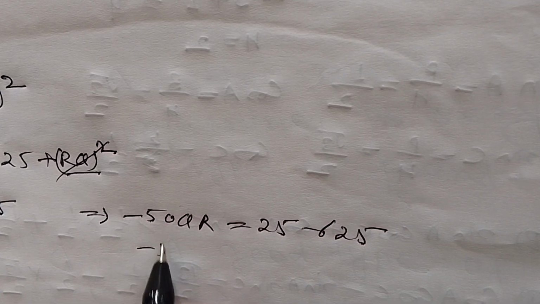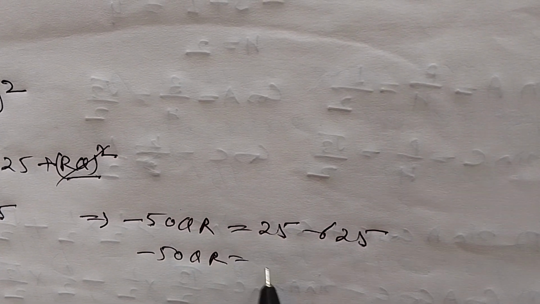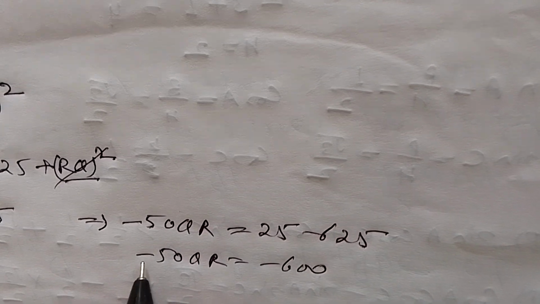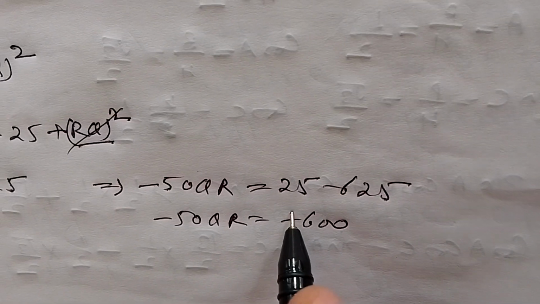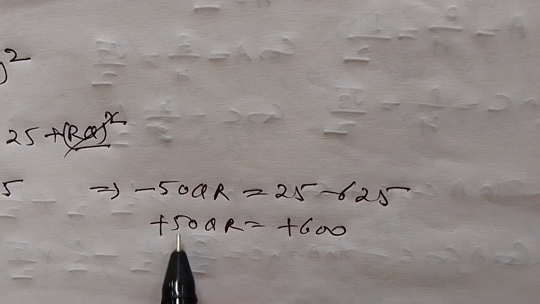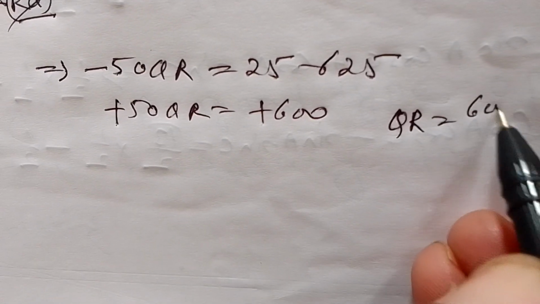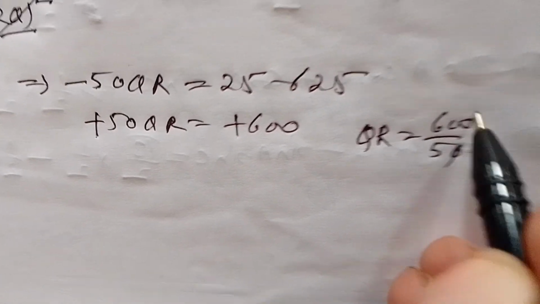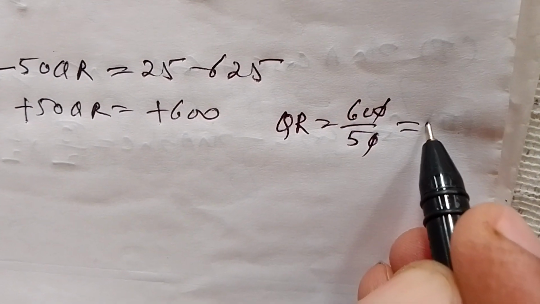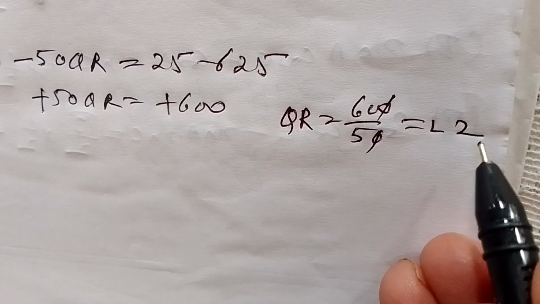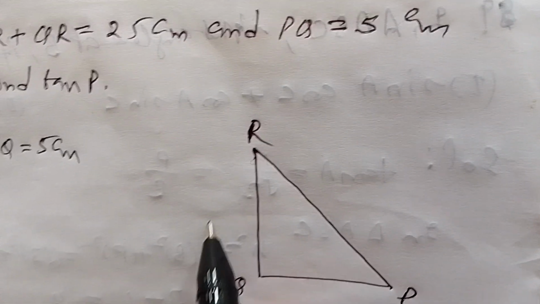It becomes minus 50 QR is equal to minus 600. Since both sides have minus sign, we can change it into plus sign. So QR value comes out to be 600 divided by 50, which is 12 centimeter. So QR value comes out to be 12.